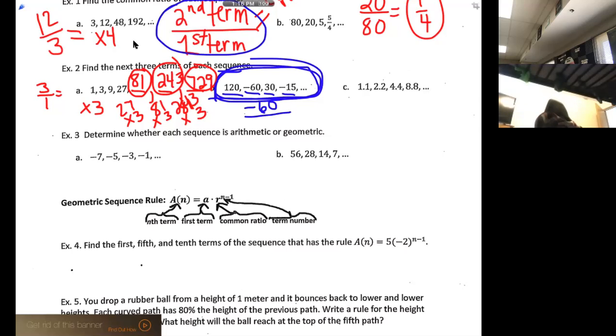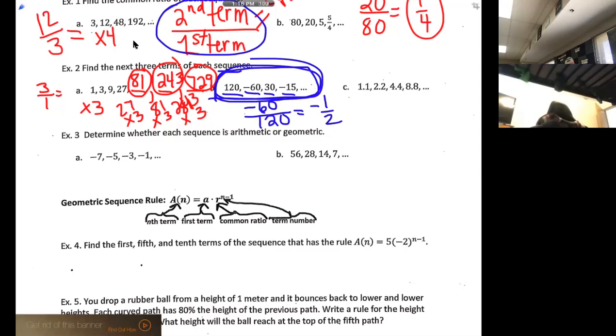The first term in the circled blue problem. Yep, so we're going to take negative 60 divided by 120. And what does that give me? Audrey? Negative 2. Almost. Negative 1/2.